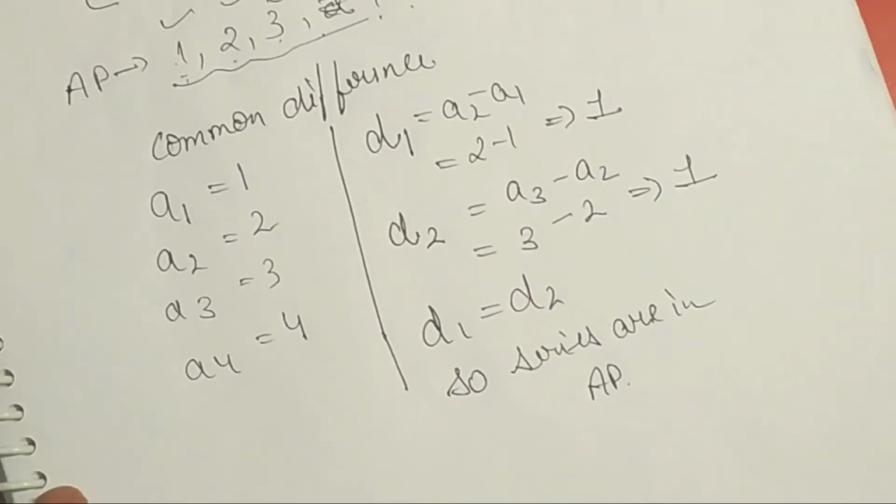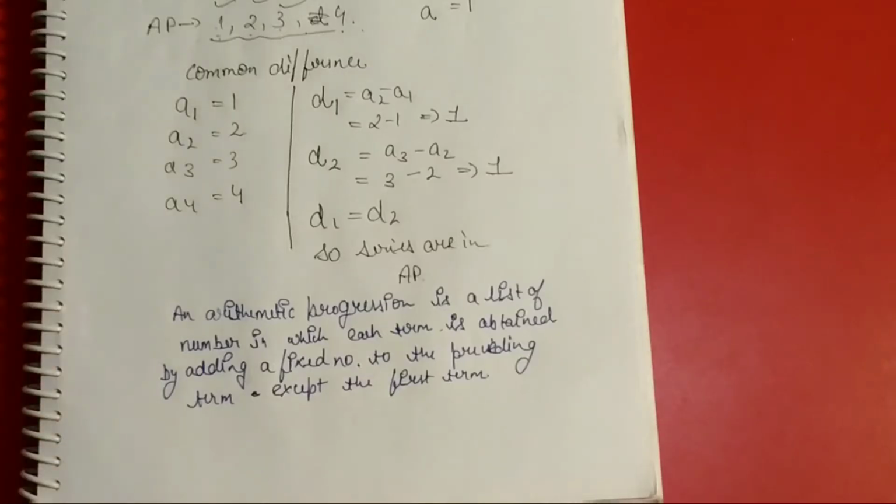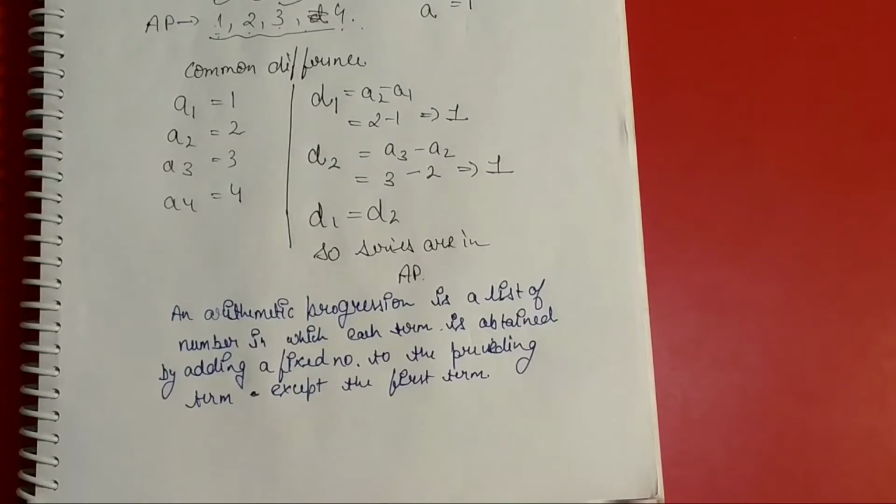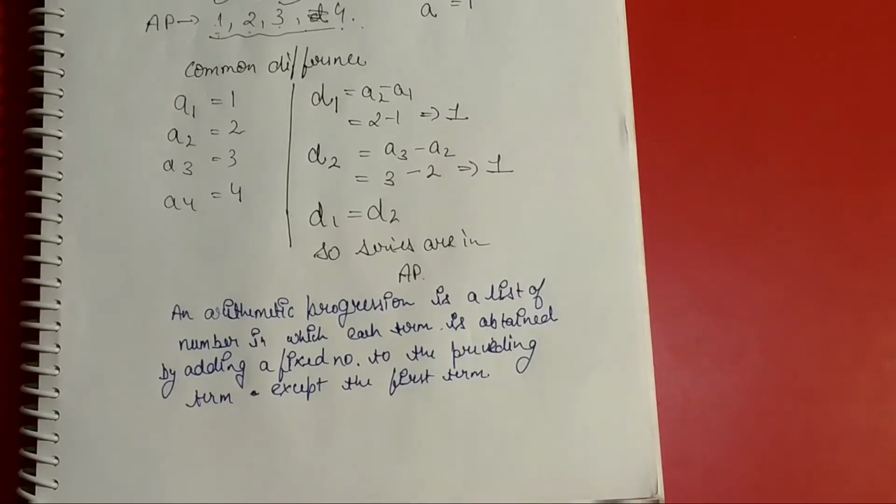So let's now get to some points. We can also define an arithmetic progression as a list of numbers in which each term is obtained by adding a fixed number to the preceding term, except the first term. This means that if we add some common constant number to a number, we obtain another number which comes in an AP.